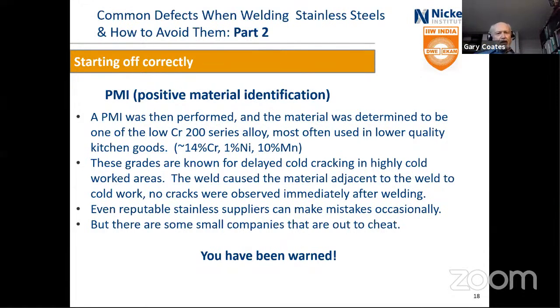It was one of these low chromium 200 series alloys, mostly used in lower quality kitchen goods. They're less expensive material, so much less expensive than 304L material. High manganese there. They are known for delayed cold cracking, so you can weld them up or form them and they look good, but then after a while the cracks develop.